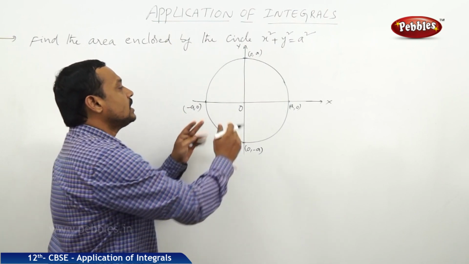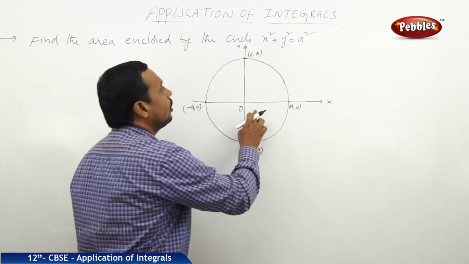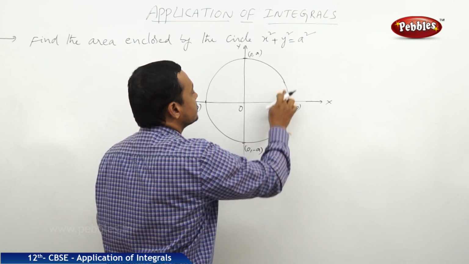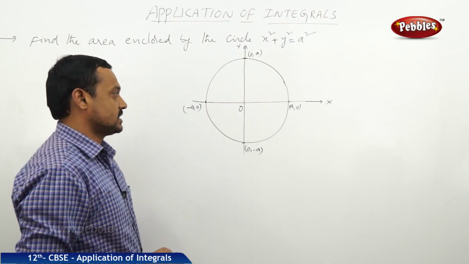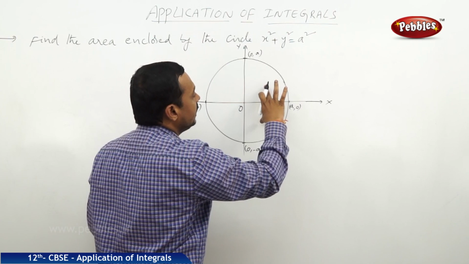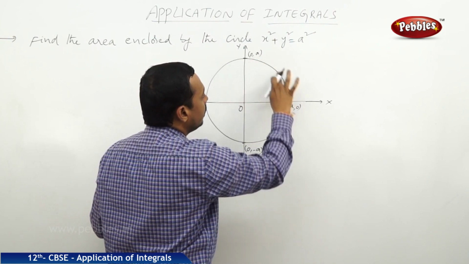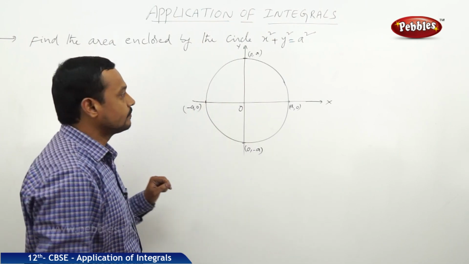The circle is symmetric about the x-axis and the y-axis.